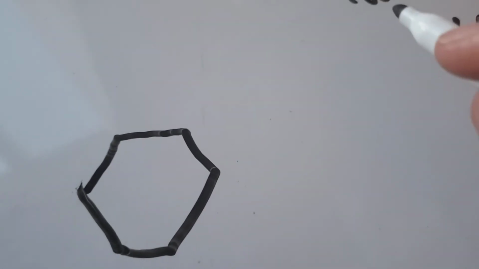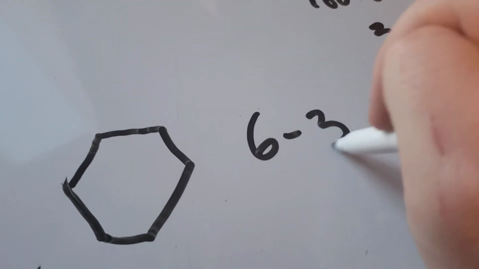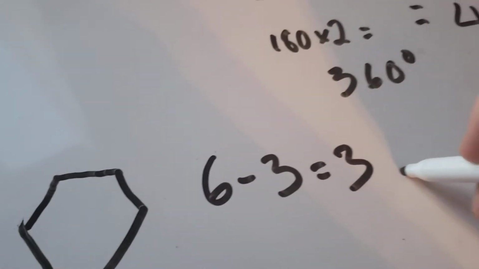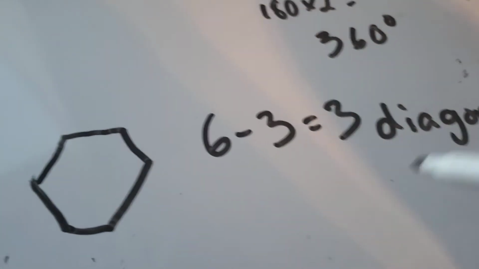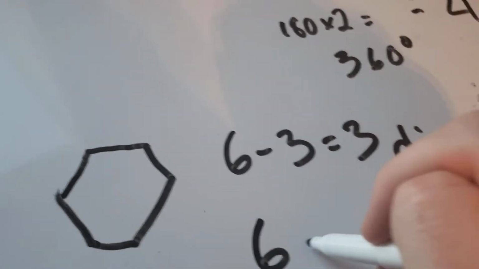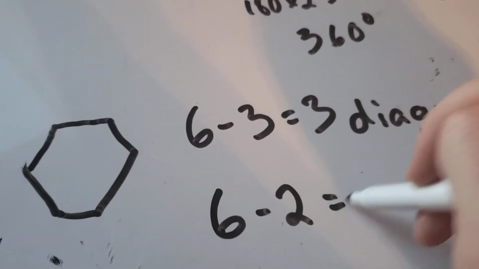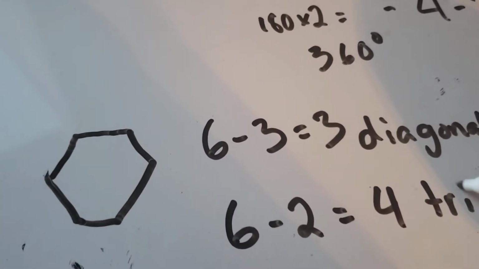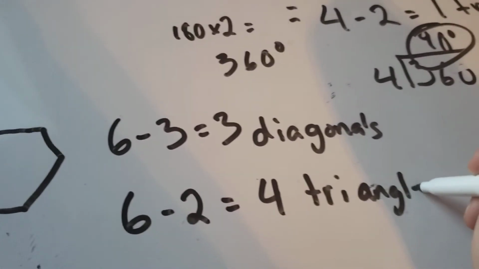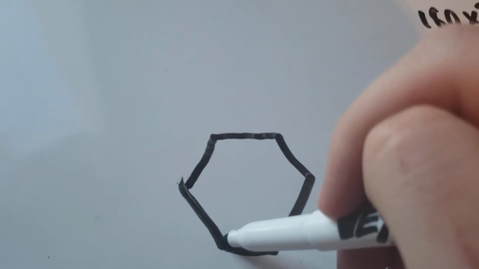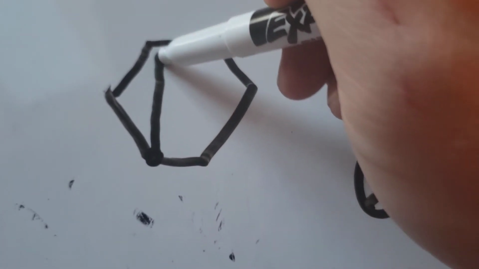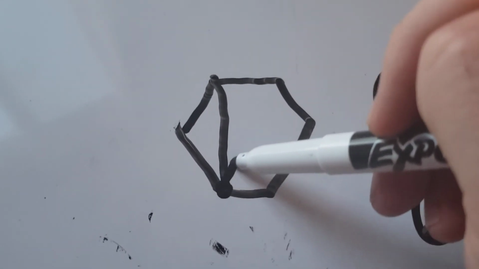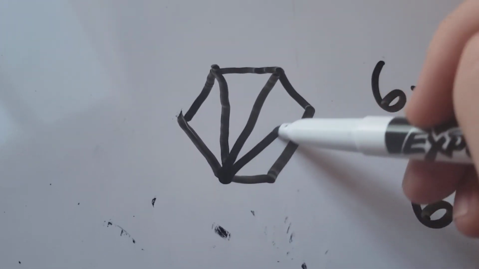How many diagonals can we draw? 6 minus 3 gives us 3 diagonals. So how many triangles is that going to give us? 6 minus 2 gives us 4 triangles. So let's prove that. Pick an angle, draw your diagonals. So there is 1 diagonal, 2 diagonals, 3 diagonals.